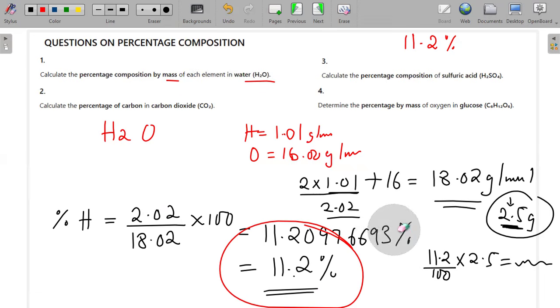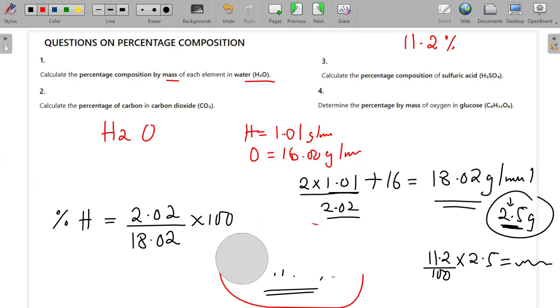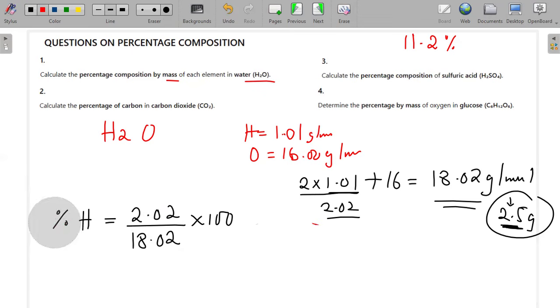What about the mass percent of oxygen in water? So let's say percent of oxygen. There's just one oxygen there. So what is the mass of that oxygen? 16. So that would be 16 divided by 18.02, then multiplied by 100.